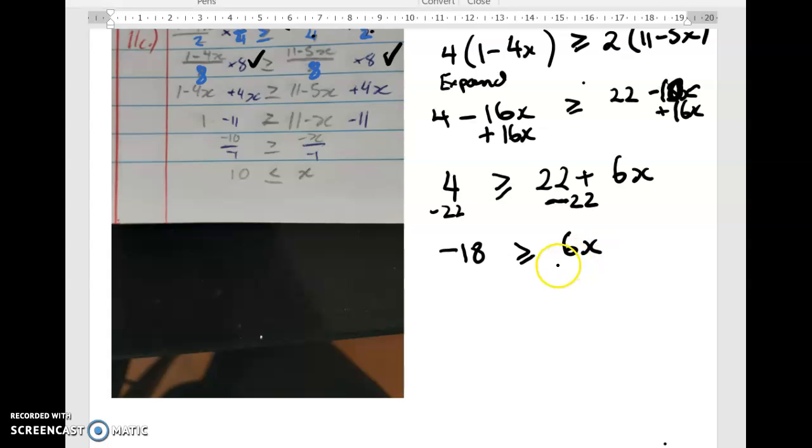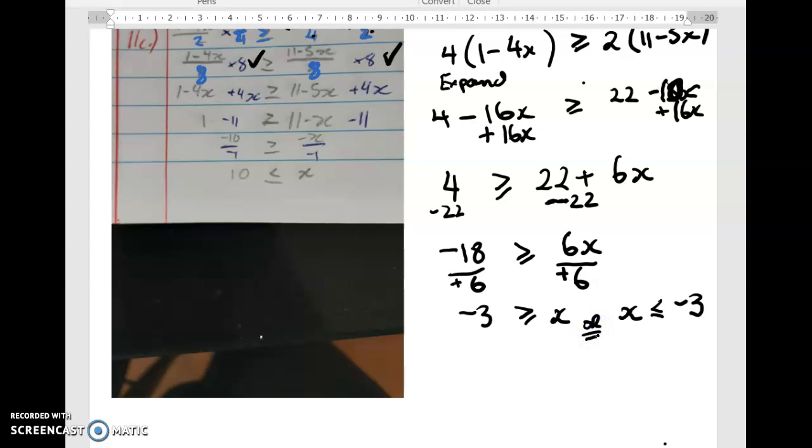We now have to divide both sides by 6, and remember we are dividing by positive 6, so there's no effect on the inequation sign. And so we have minus 3 is greater than or equal to x. So we usually write it going the other way. So x going backwards is less than or equal to minus 3.